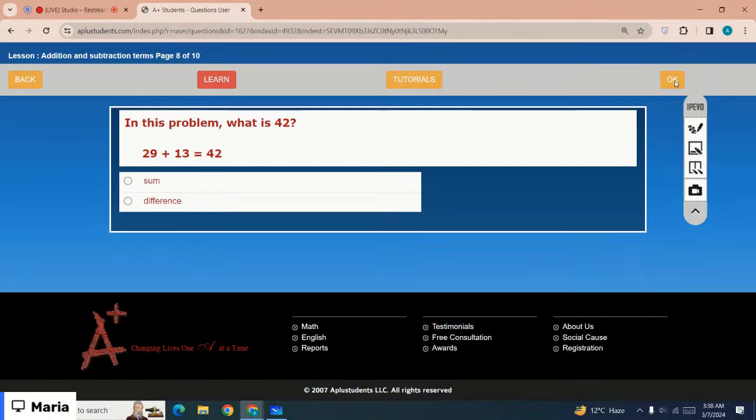In this problem, what is 42? Yes, 42 is the sum of 29 and 13. Very good. That is the sum.